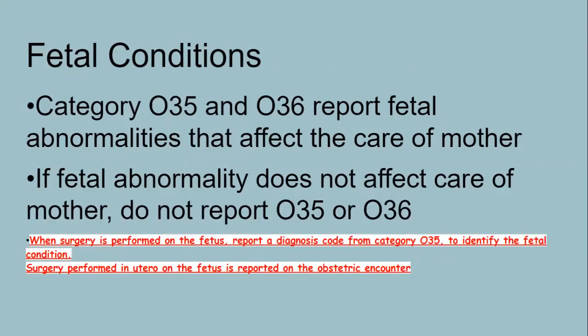Fetal conditions, categories O35 and O36 report fetal abnormalities that affect the care of the mother. If the fetal abnormality does not affect the care of the mother, do not report O35 or O36. When surgery is performed on the fetus, report a diagnosis code from category O35 to identify the fetal condition. Surgery performed in utero on the fetus is reported on the obstetric encounter.